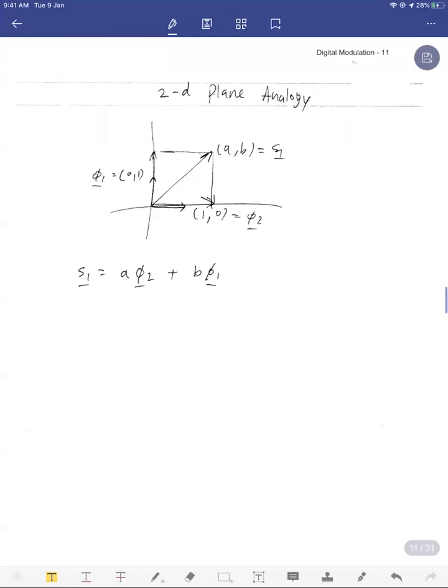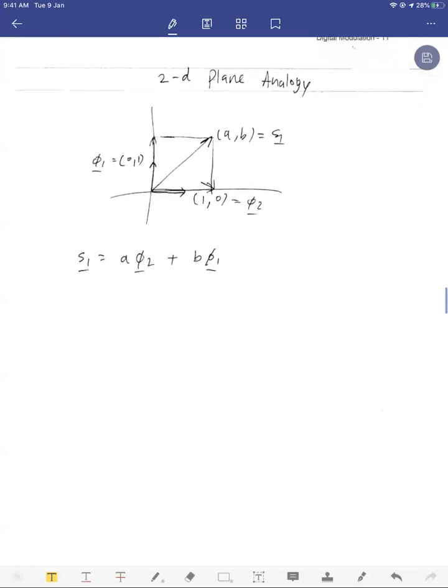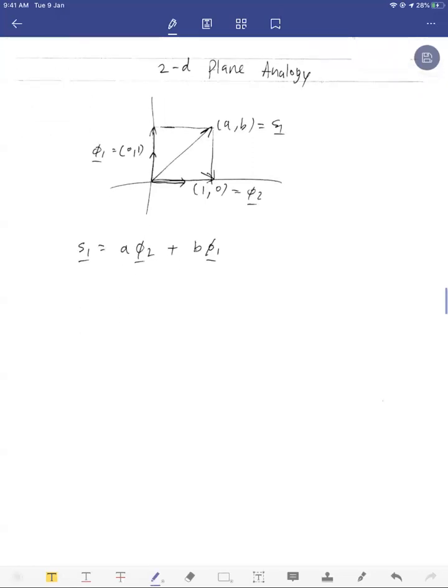Here I'm again just drawing out the 2D analogy. If you look at slide 11, I'm drawing the 2D plane. We have the two axes: here's the y-axis, and here's the x-axis.